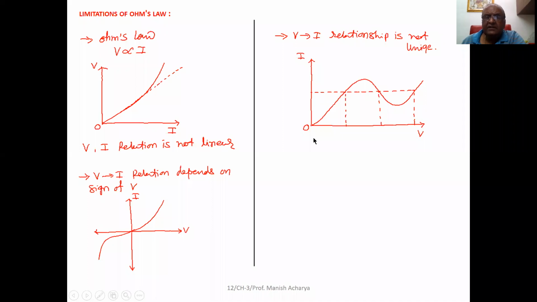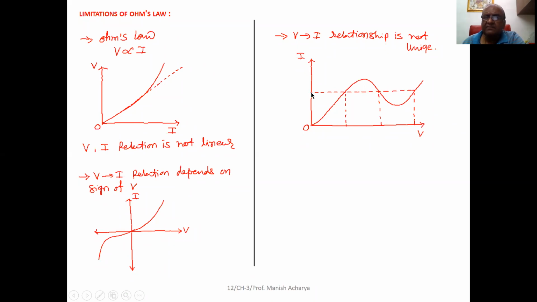Then for certain substances, the VI relationship is not a unique one. See here, one graph is given to you in which for three different values of voltage, this one, this one, and this one, for all these three different values, you are getting the same current.